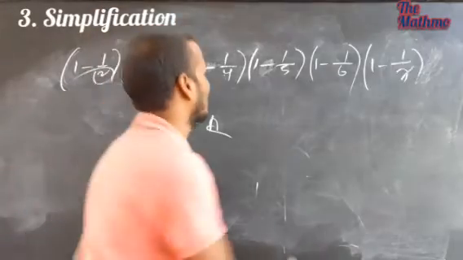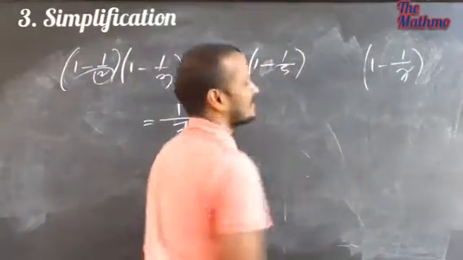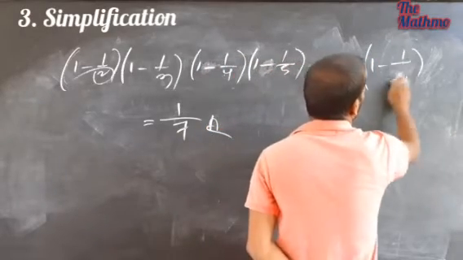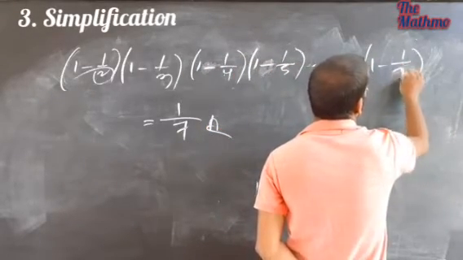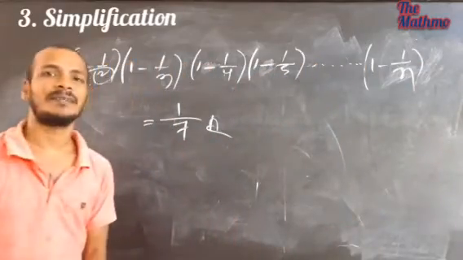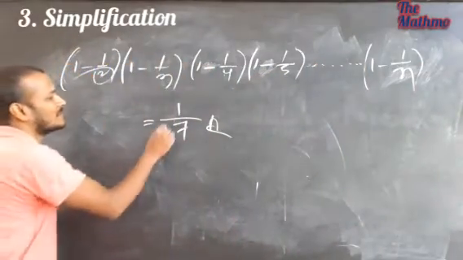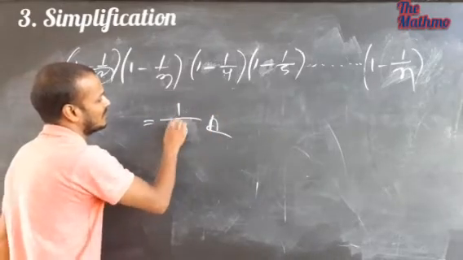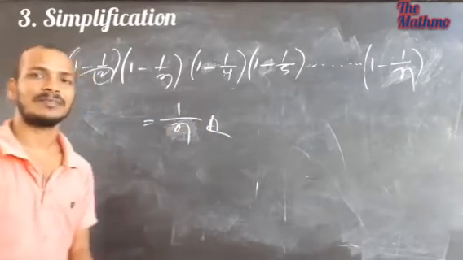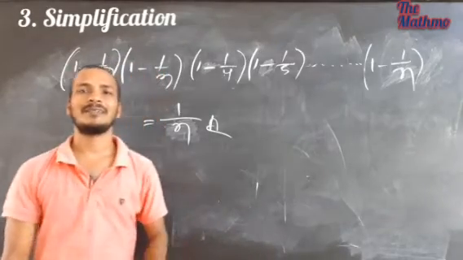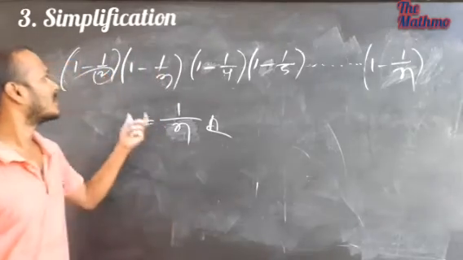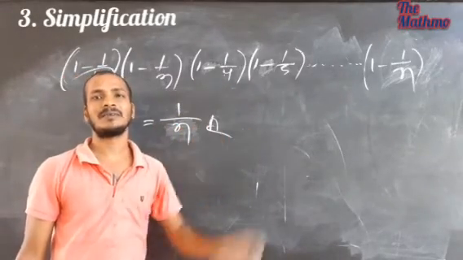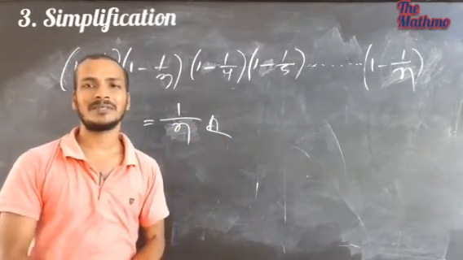Okay, let us see one more example. Till n. So what to do? The first one is 2, and 2 minus 1 is 1, and the last term denominator is n. That's your answer. So you can add or subtract, or you can simplify any fractional terms given this way in shortcut. That is the shortest way.